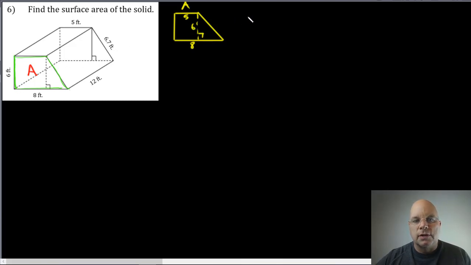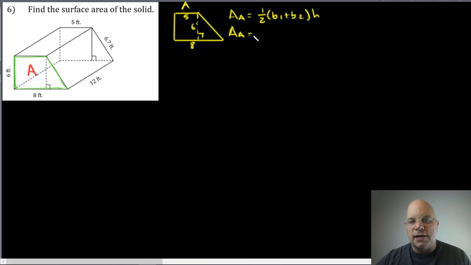so that the perpendicular distance between the bases is 6. And so for the area of face A, we would use the trapezoid area formula, which is 1/2 multiplied by the sum of the bases, the 2 parallel sides, multiplied by the height of the trapezoid, which is the perpendicular distance between the bases.